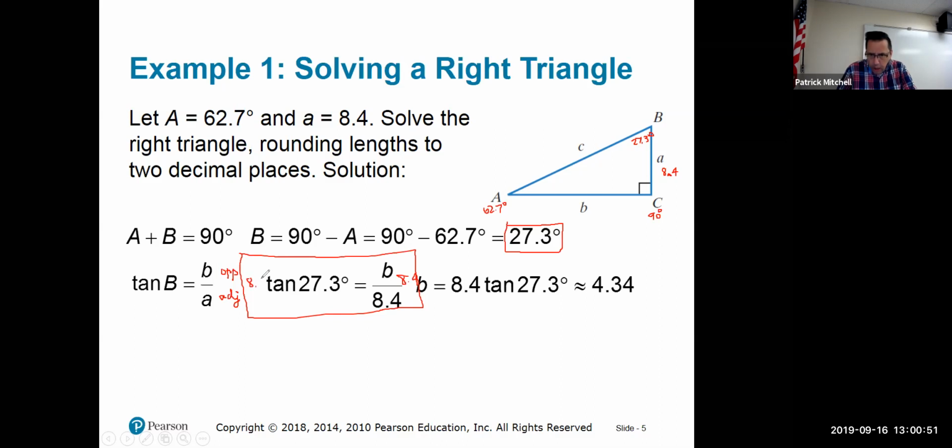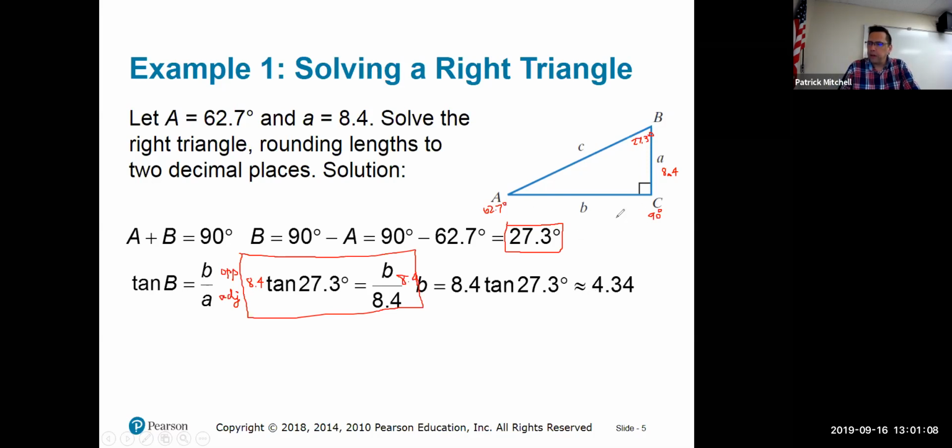So mystery side b is 8.4 times the tangent of 27.3 degrees, and according to the calculator, that's about 4.34. Okay, so we're almost there.